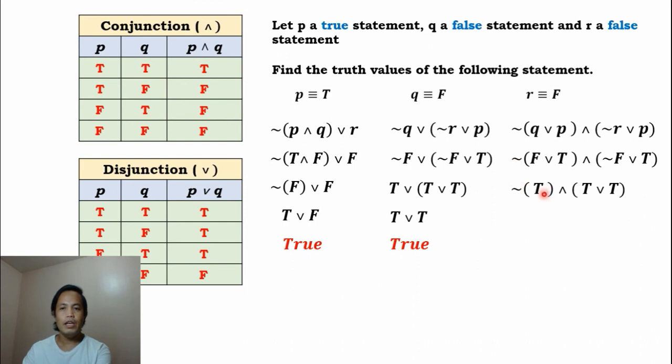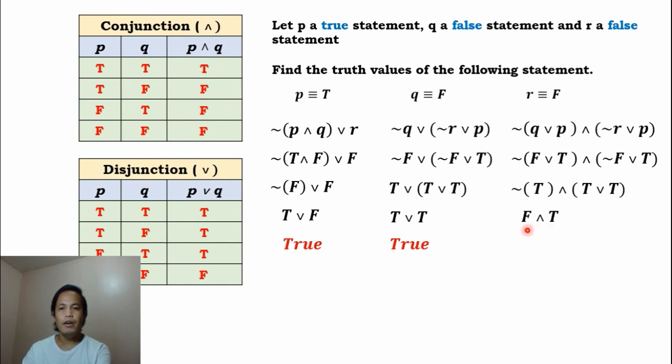That's why we have here the true. Then we copy the negation, we copy the and. Then the negation of not F, therefore that is true. We copy or true. This time we have the disjunction again. True or true is true. So therefore we have the negation of true is false and true or true is true.